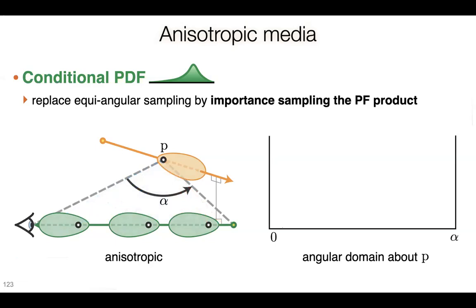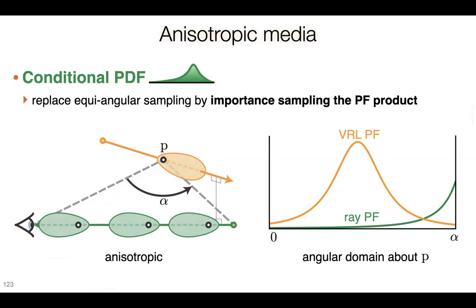Okay, so in the angular domain, you have the phase function with respect to the VRL as the orange curve. You have the phase function with respect to the camera ray itself. What you can also do is say, okay, I'm going to importance sample with respect to the VRL, or I'm going to importance sample with respect to the camera ray.